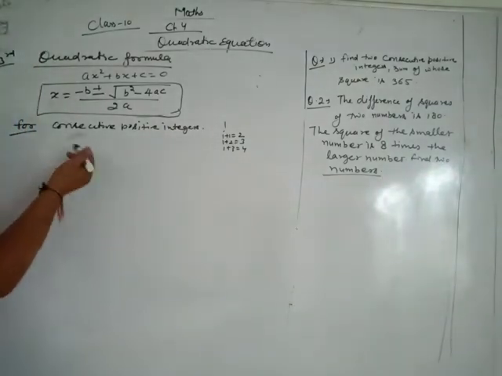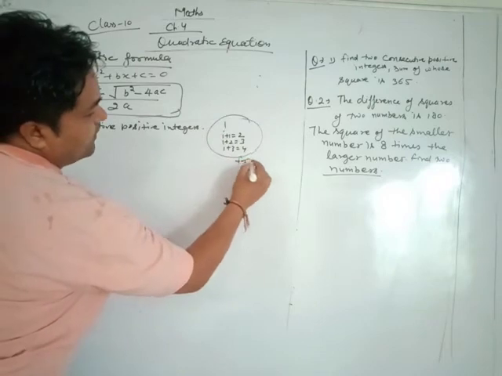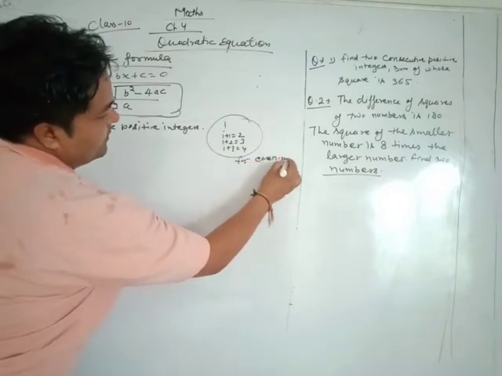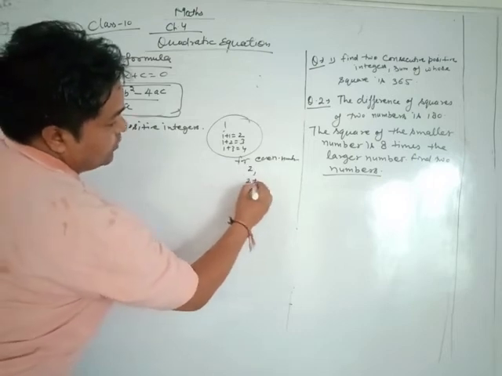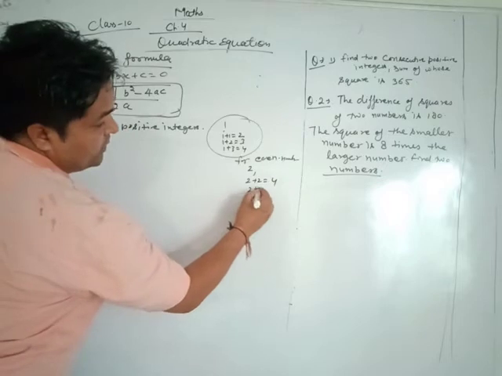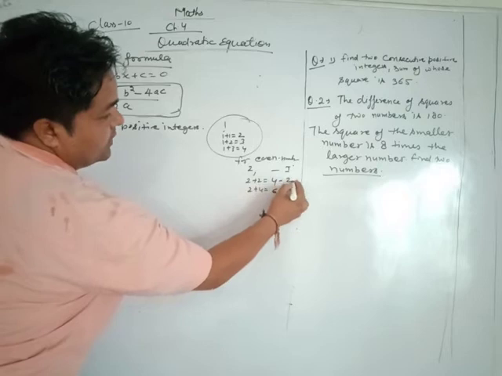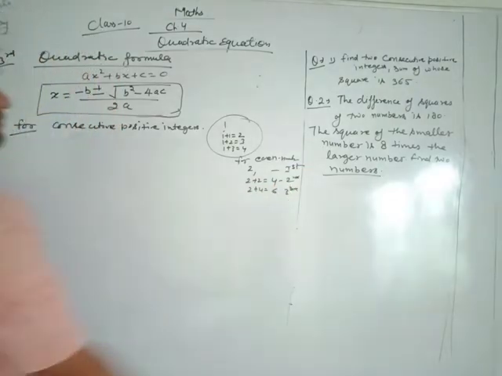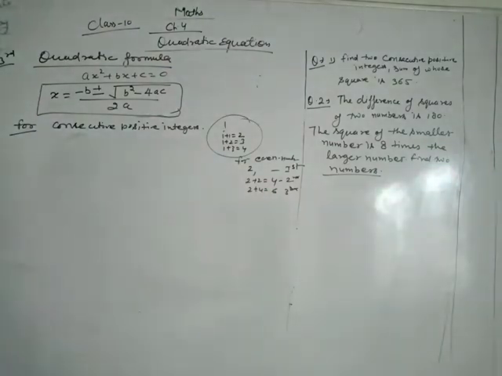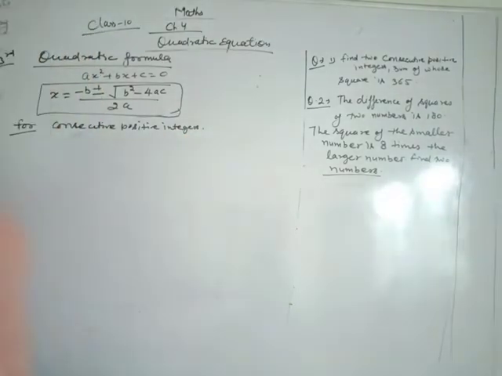Now here we will take another case for even and odd numbers. If the first number is 2, the second is 2 plus 2 equal to 4, then 2 plus 4 equal to 6. But this question we will solve only for positive integers.